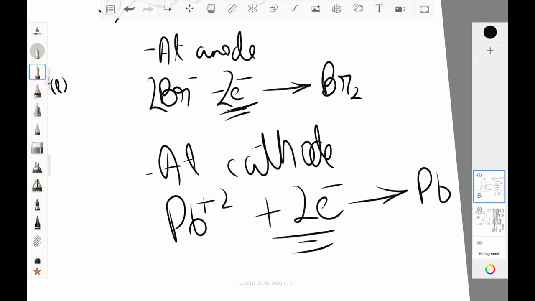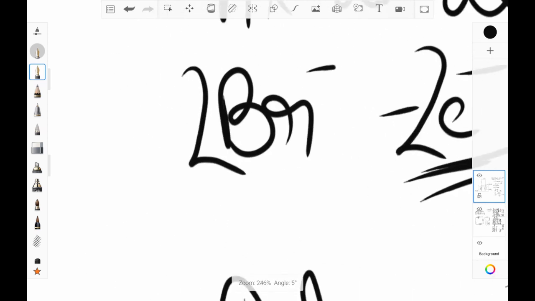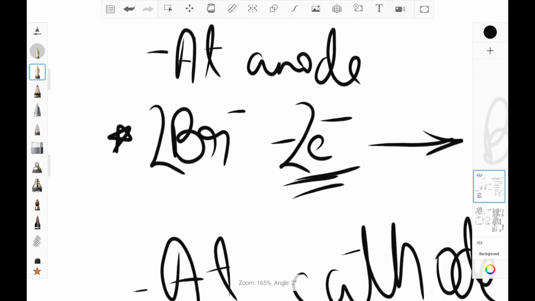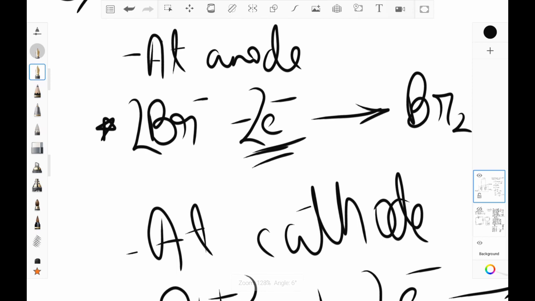One more thing. I prefer to write my half equation at the anode like this. But you can also write it the other way, and IGCSE should still mark you right for it, and the examiner will almost certainly mark you right.